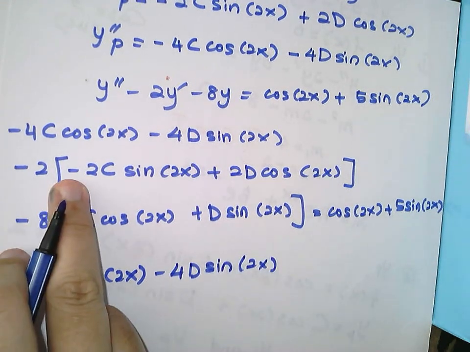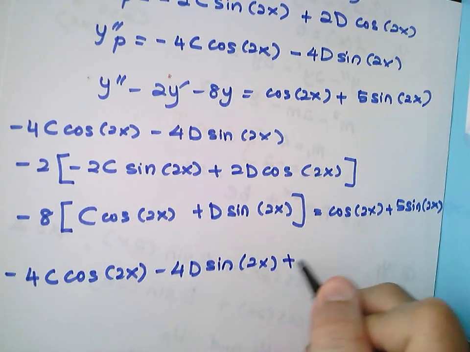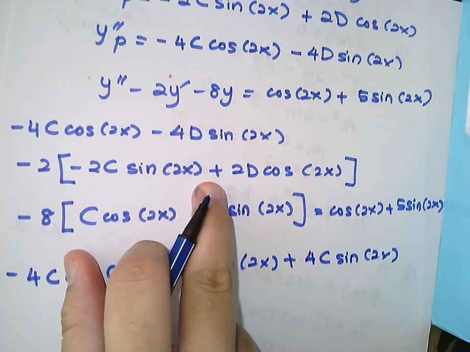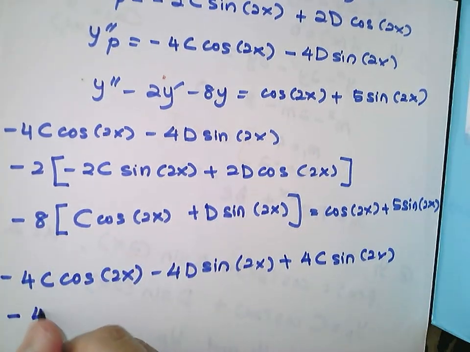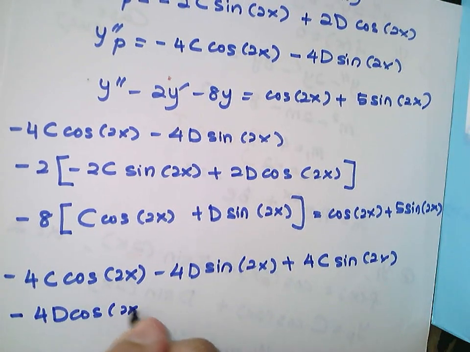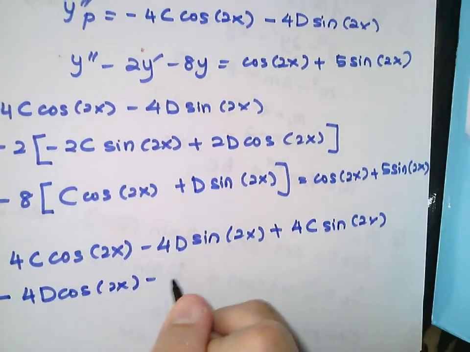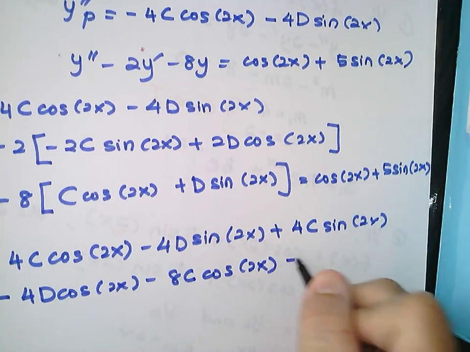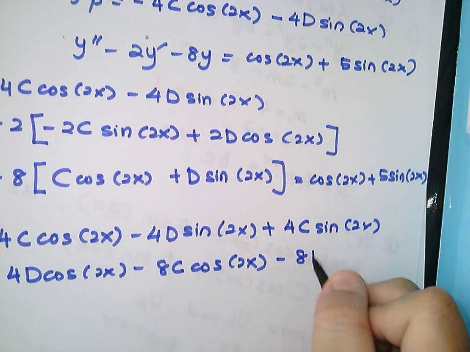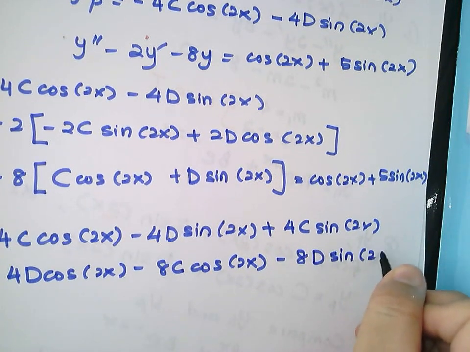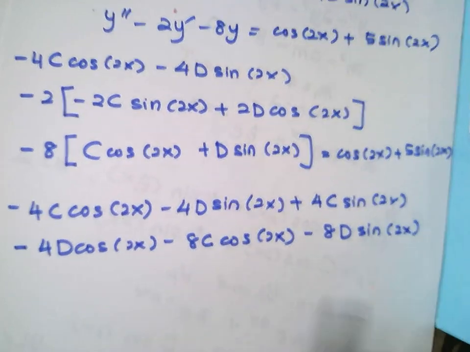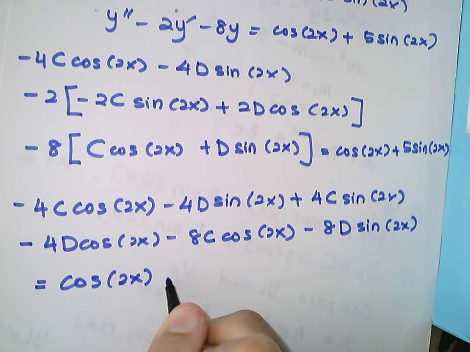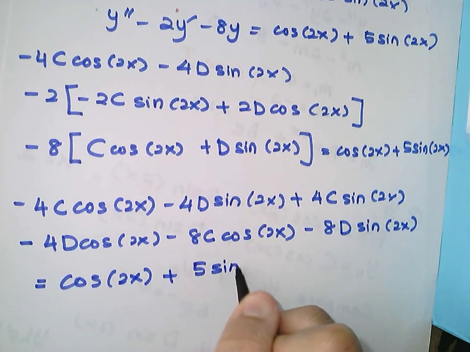So minus minus will give you plus 4c sine 2x, minus plus, so you will have minus 4d cos 2x, minus 8c cos 2x minus 8d sine 2x, which is equals to cos 2x plus 5 sine 2x.